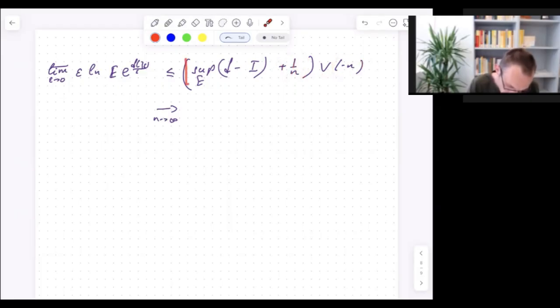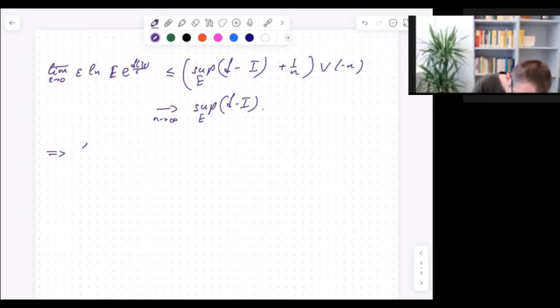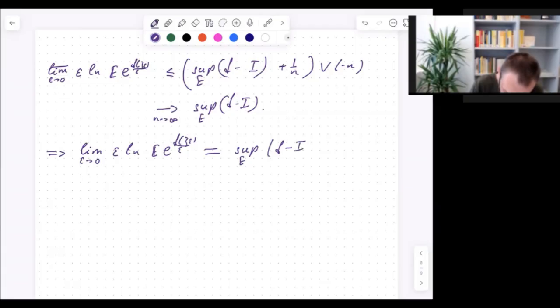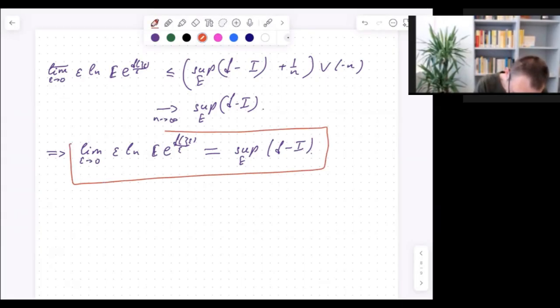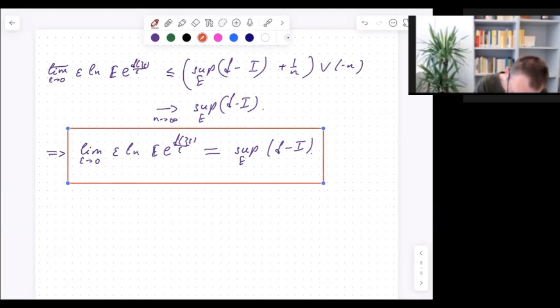So therefore, only this part will be left: the supremum over E of f minus I. And this implies that the limit exists and it is equal to exactly the supremum over E of f minus I. Okay, we have proved a very useful formula. And it is the end of the proof.